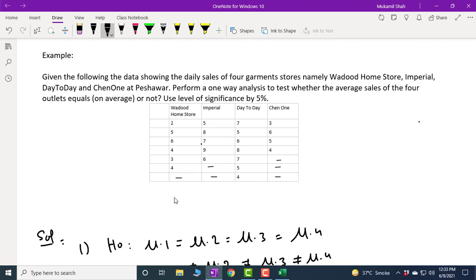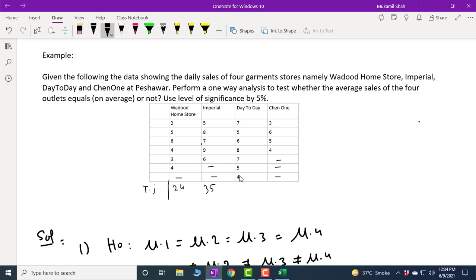These values are missing. First of all, we need to add these values up, and it will be t dot j. If you add all these values, it is equal to 24. If you add the values in the next column, the sum is 35.